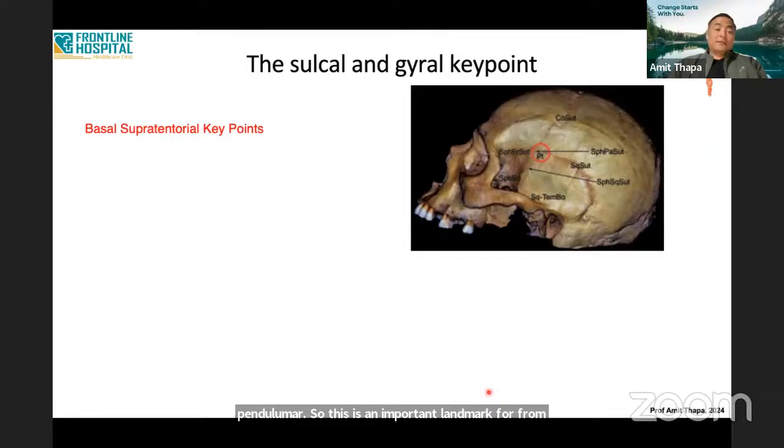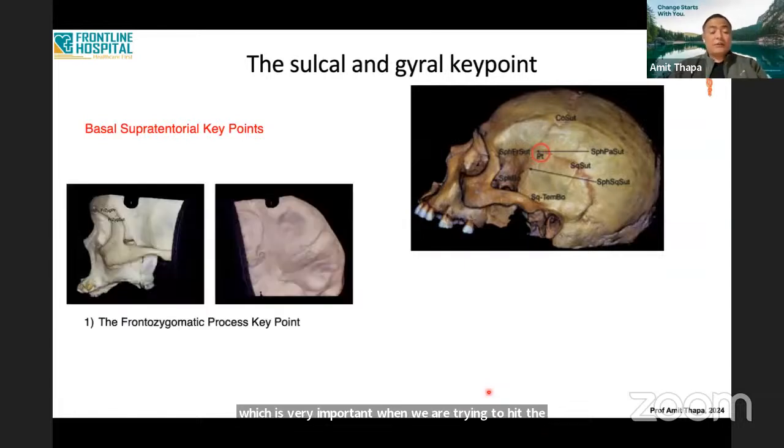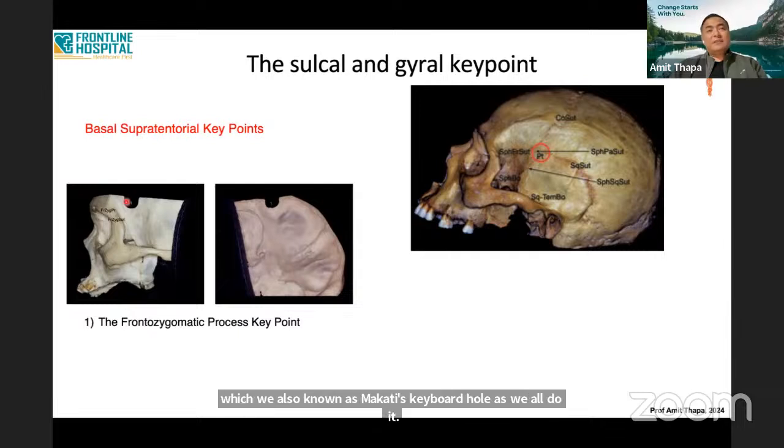Now, there are certain basal supratentorial key points, which are very important when we are trying to hit the anterior, middle, or the posterior skull bases. So it starts with the frontozygomatic process key point, which is also known as McCarthy's key burr hole, as we all do it. But there have been variations in the literature.